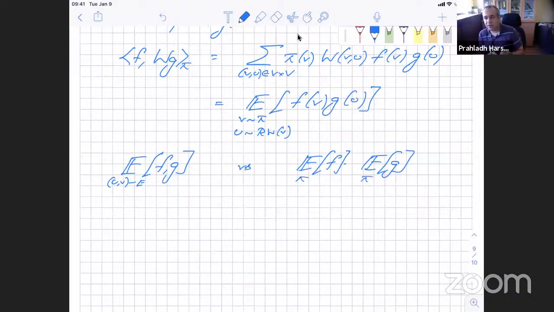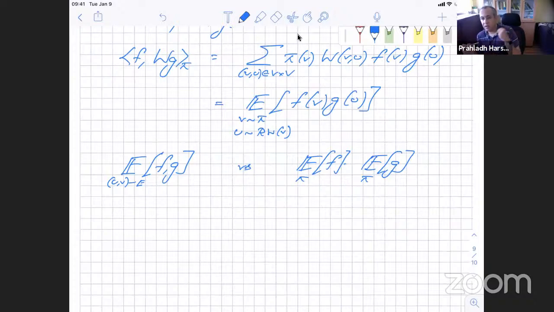Let's look at what the left hand side is stating. I take a random vertex and a random neighbor and look at the expected value of this product. I take a random vertex, compute f on it, take a random step to u, compute g on it, and take the expected value of this product.